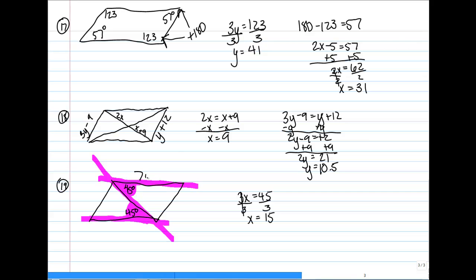It says this top is 7y, and the bottom is 4y plus 21, which are equal to each other, so make them equal and solve. It gives me 3y is equal to 21, divide both sides by 3, and y is 7.